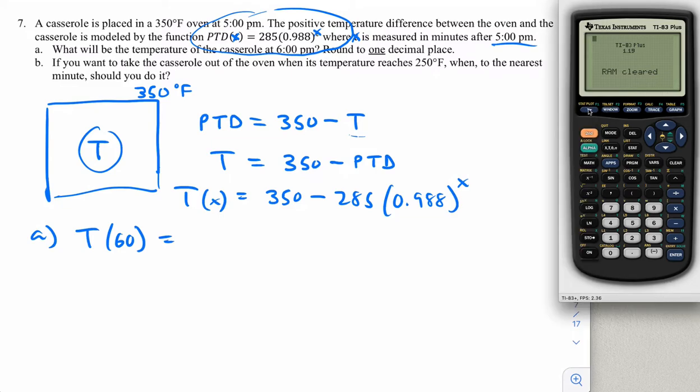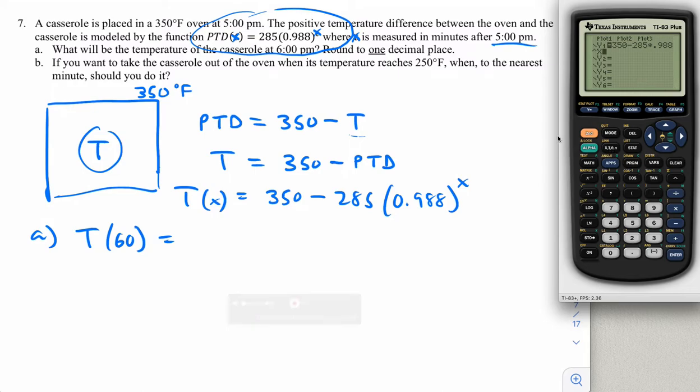Turning to our calculator, I'm putting the model into Y1. The model is 350 minus 285 times 0.988 raised to the x power.